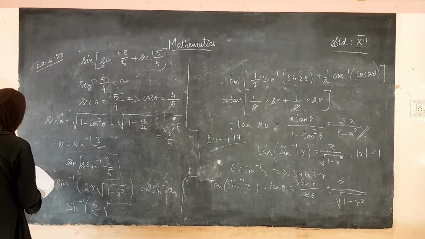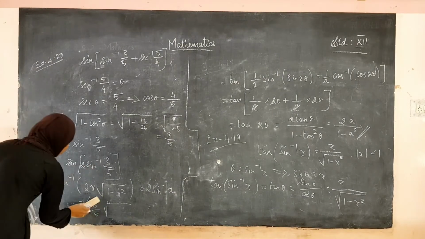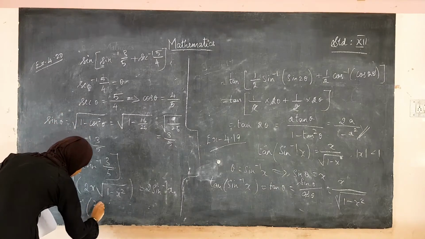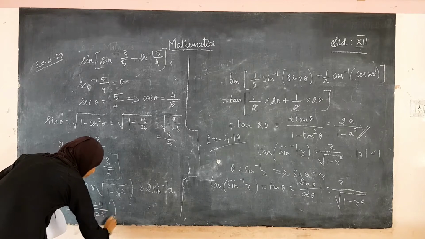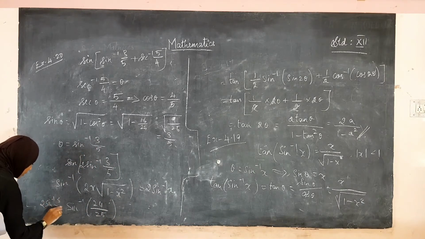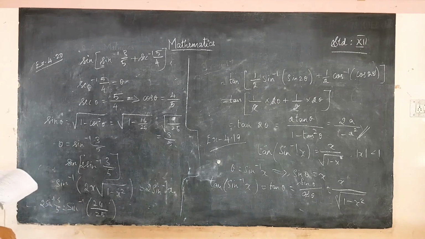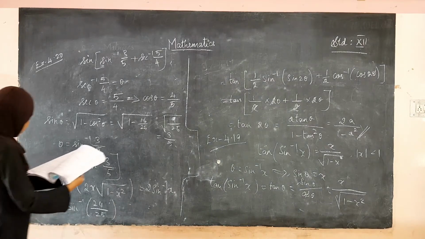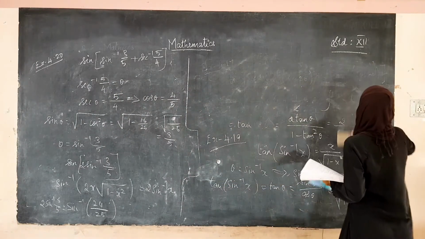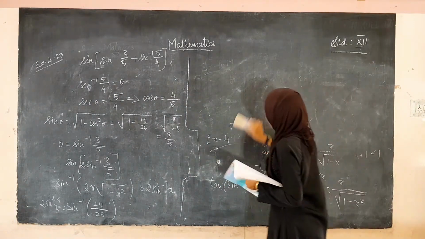Therefore, this becomes sin inverse of 24 divided by 25. That is, 2 into sin inverse of 3 divided by 5 becomes sin inverse of 24 divided by 25. Okay. See here, the question is sin of sin inverse of. Shall we substitute these values in the question?